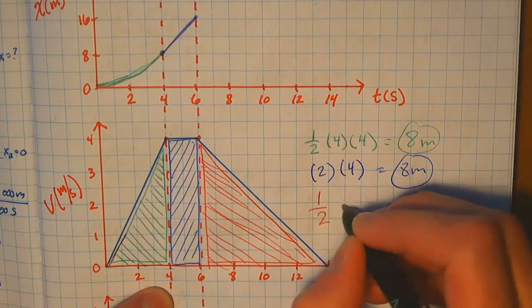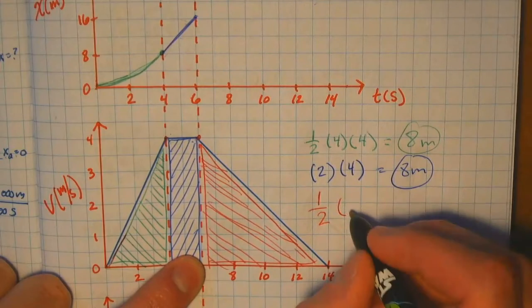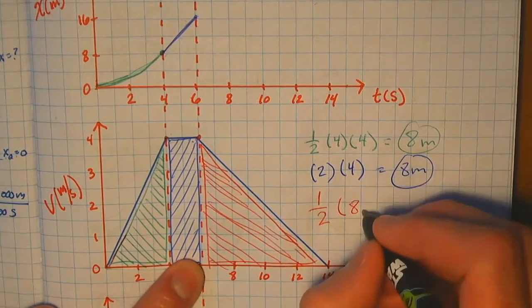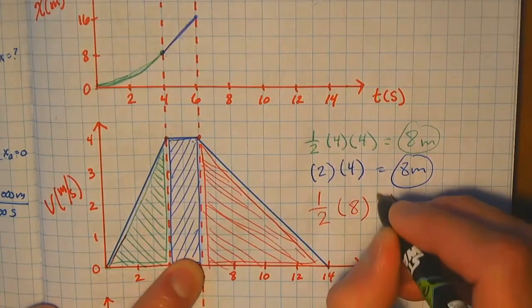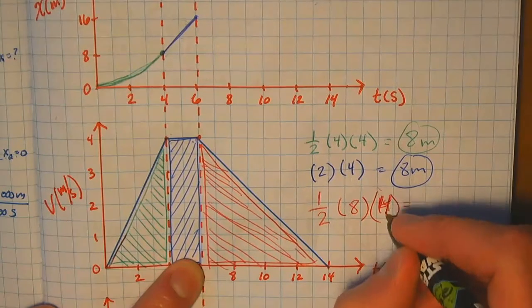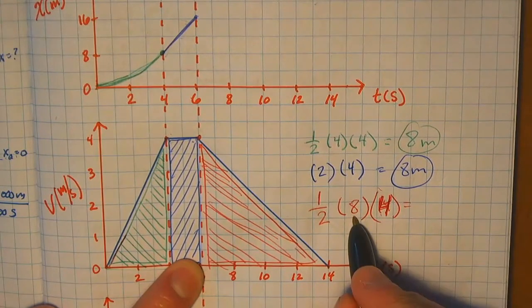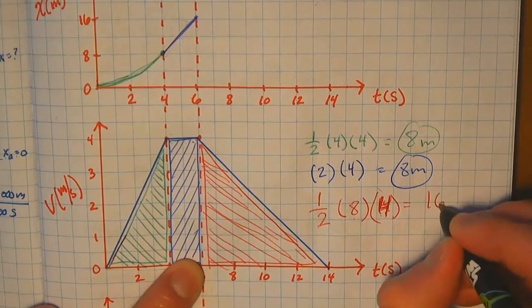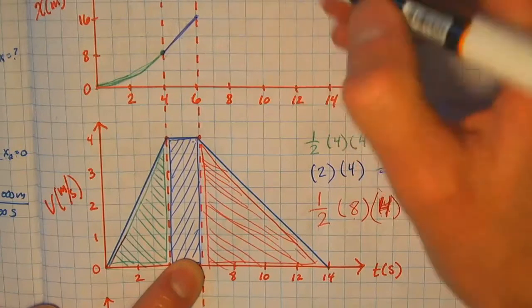So the area of a triangle is 1/2 times the base, 2, 4, 6, 8, 8 times your height, which is 4. Oh, it's not 14, it's 4. Sorry. 8 times 4 is 32, times 1/2 is 16 meters.